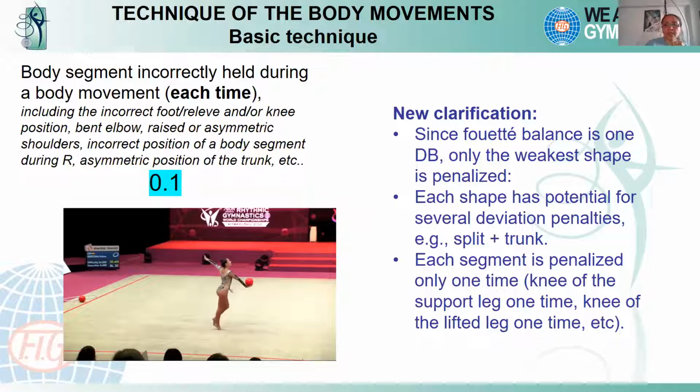So you take the weakest shape is penalized. Each shape has potential for several deviation penalties. Example, split and trunk. This is yes, but each segment is penalized only one time. Knee on the support leg, knee of the lifted leg, but you don't take it in every shape. Only one time for the knee, one time for the foot, but not every time.